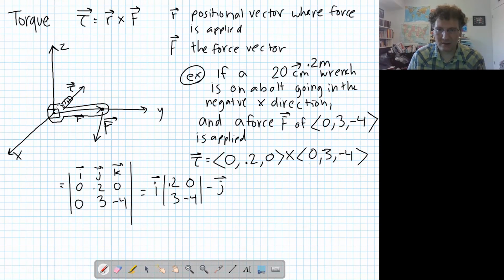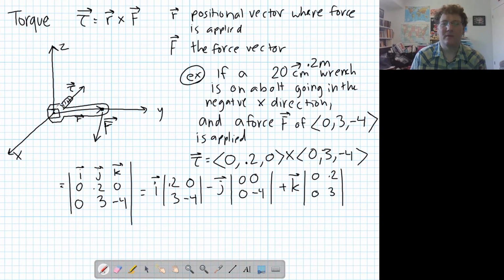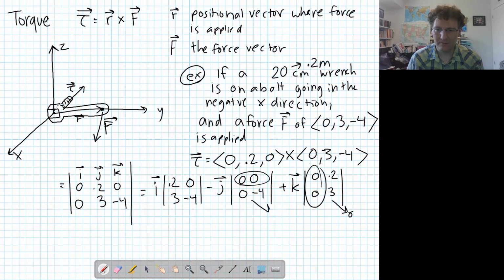Minus J times (0 times minus 4 minus 0 times 0) plus K times (0 times 3 minus 0.2 times 0). The nice thing about this is that the determinant of a matrix with either a 0 row or a 0 column is just 0. So these are both going to be 0.